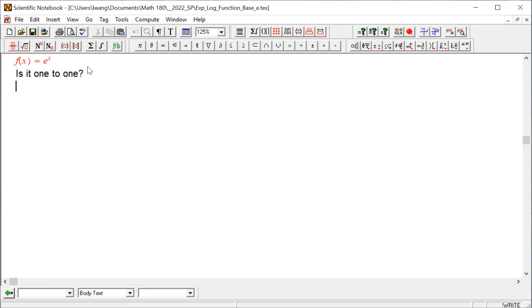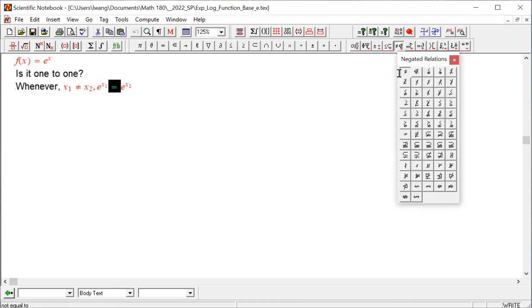Well, by the definition of a one-to-one function, we just need to check: whenever input 1 is not the same as input 2, then their outputs, e to the power x sub 1 and e to the power x sub 2, are not the same.